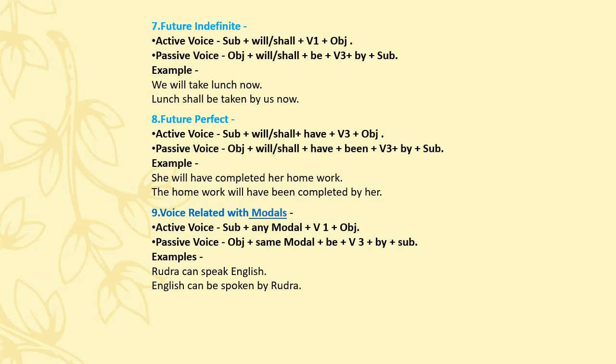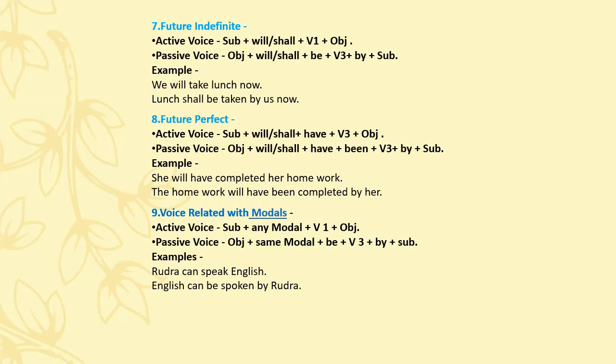So we is your subject, will is your helping verb, take is V1, lunch is your object. Let's transform the sentence. As I told you, lunch is the subject, shall be. You can see over here the structure in case of passive voice for future indefinite. So shall be, V3 form of take, taken, by will be added, us, that would be a change.